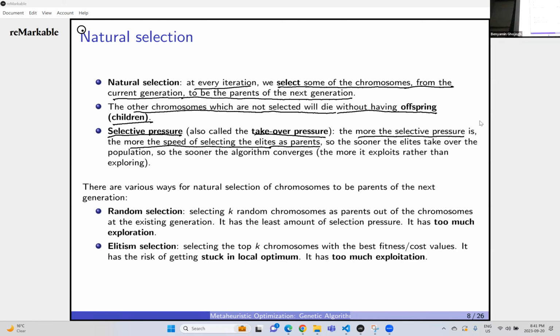In your natural selection, you can be an idealist or you can accept not very good parents too, right? If you're too idealist, you say only the best parents and the rest must die, then your selective pressure is high. What happens if my selective pressure is high? If I'm too idealist, what happens?